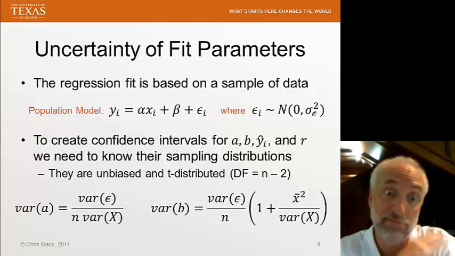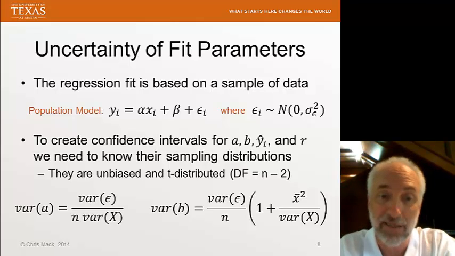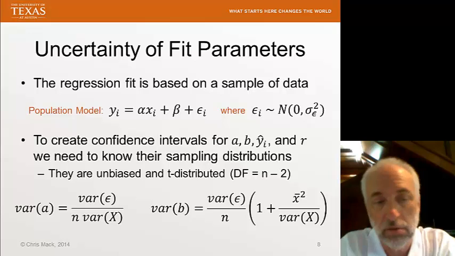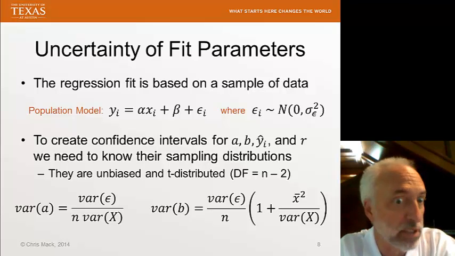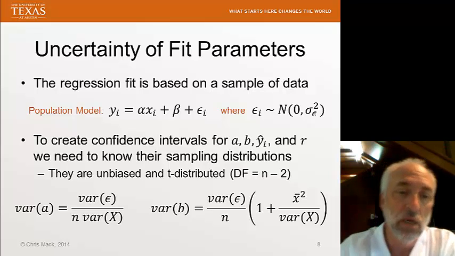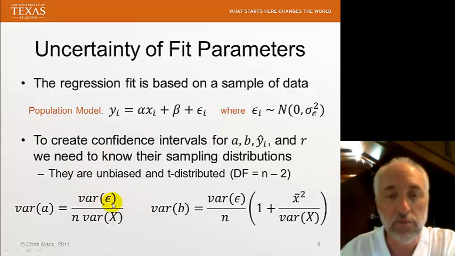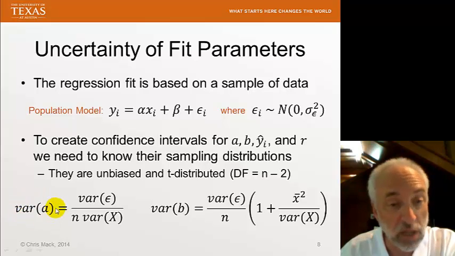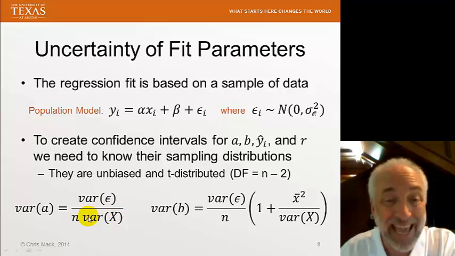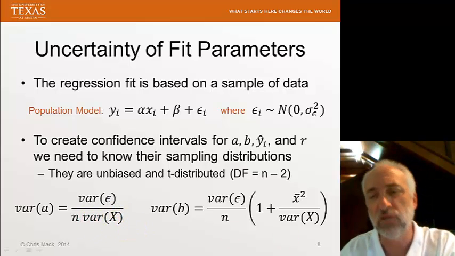If all my data falls on a line exactly, and the variance of the residuals is 0, well then I don't have any uncertainty as to what the slope is. But given a certain amount of variance in the residuals, to get a smaller variance in a, what do I need? I need a larger sample size, bigger n, and a larger variance in x.